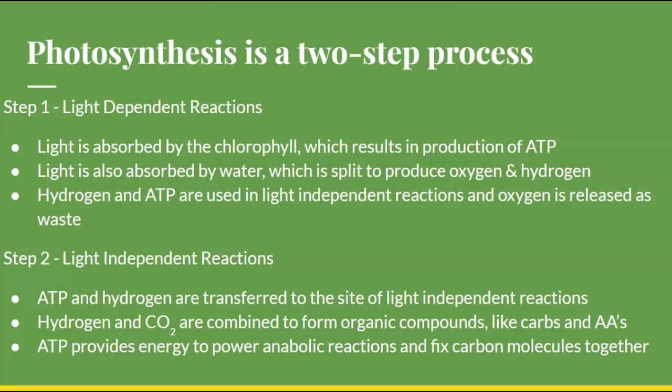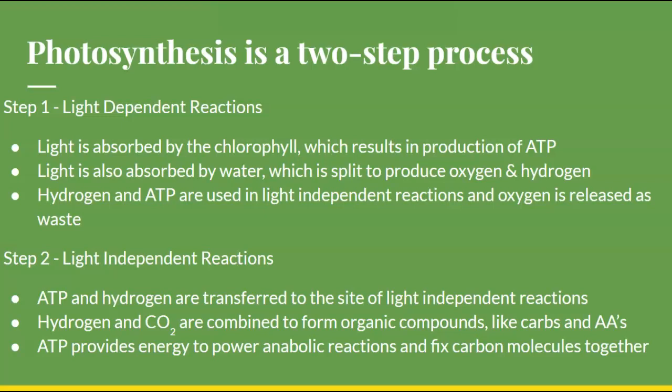And then when we get to step 2, right, we have the ATP and the hydrogen from step 1, and then hydrogen and the carbon dioxide are combined, and they form organic compounds like carbohydrates and amino acids. The reason that we need ATP there is because we need the energy. We need that energy to be in the independent reaction to power all of these reactions to form these organic compounds.